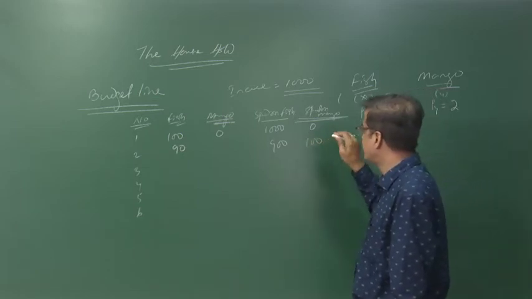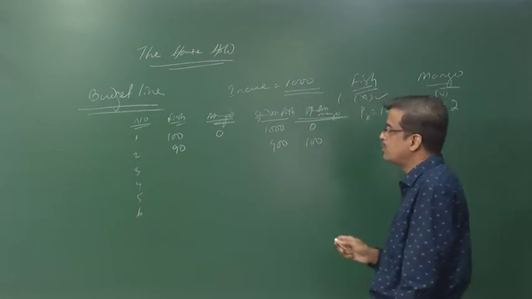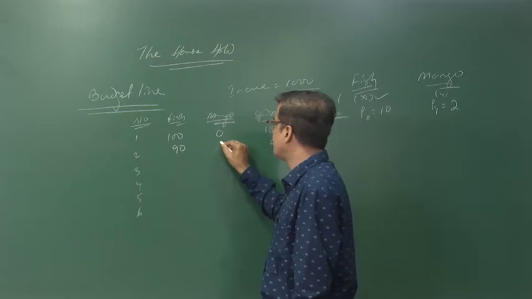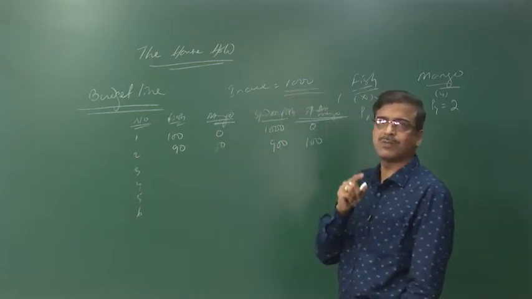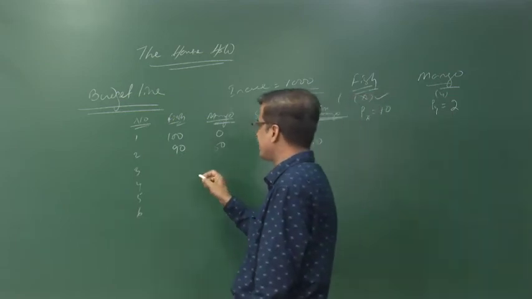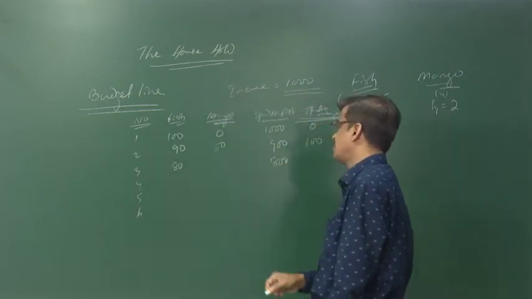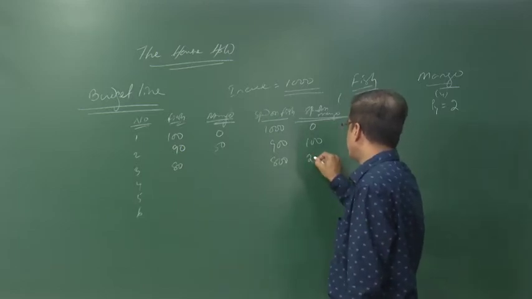Now how many are left? 100, because the addition is to be 1000. If he spends 100 on mango, then how many mangoes will be consumed? 50 mangoes, because per piece of mango is 2 rupees. Similarly, we take the next combination, 80, it will be 800, then how many remaining? 200.